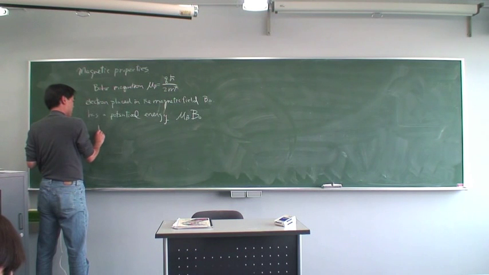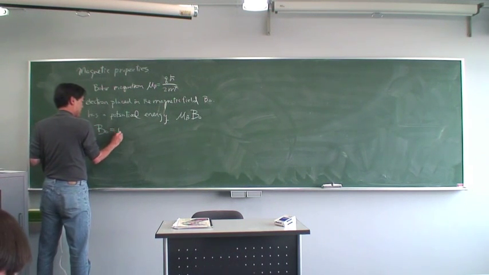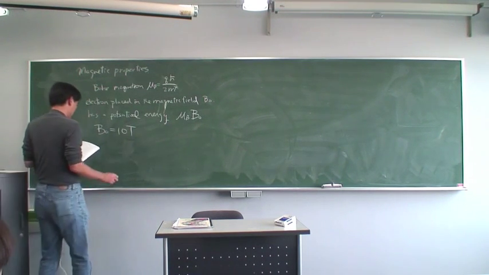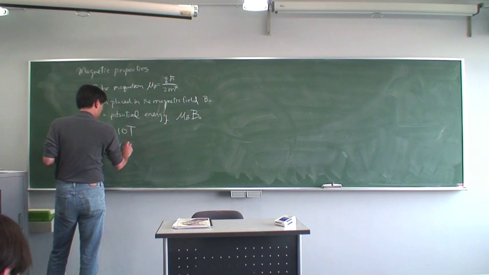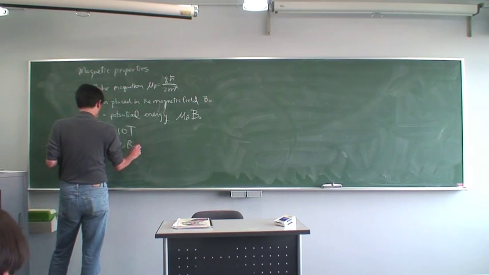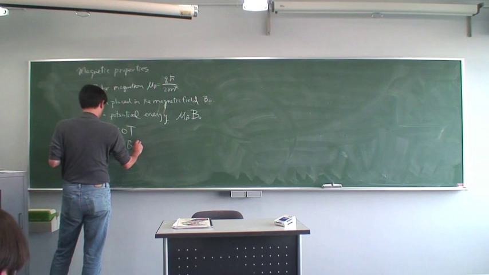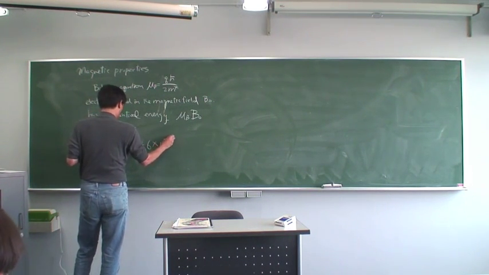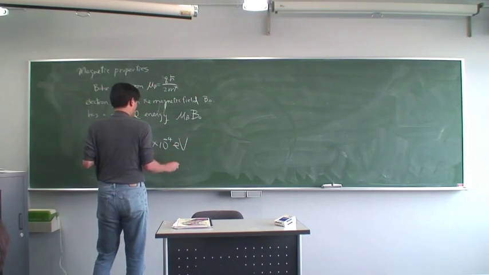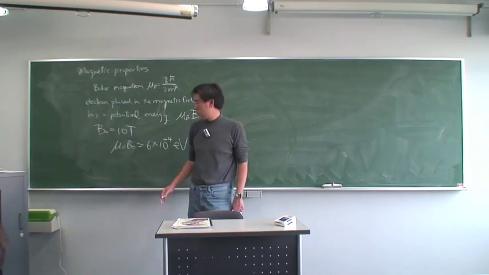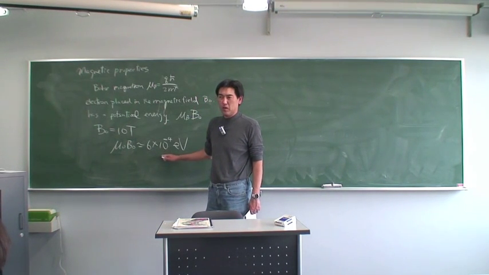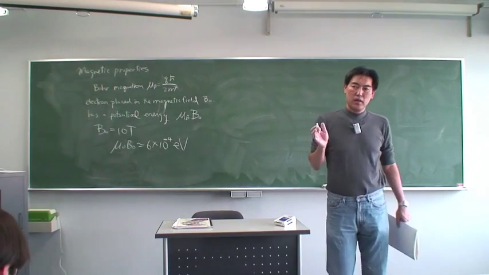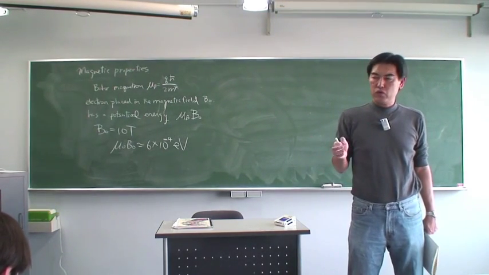So even when B naught is as large as 10 Tesla, and 10 Tesla is a huge magnetic field, we get mu B B naught of approximately 6 times 10 to the minus 4 electron volts. And what I just wanted to say is that this is very small compared to, remember, the Fermi energy of aluminum, which is about 11 electron volts.